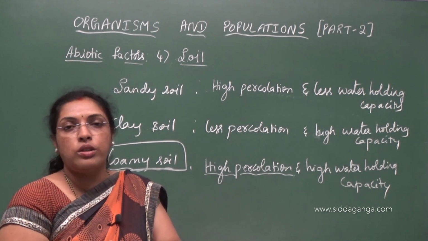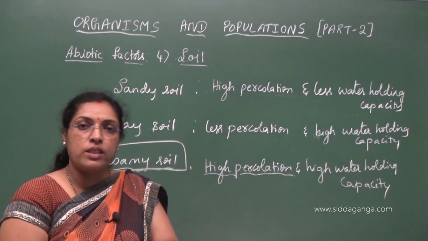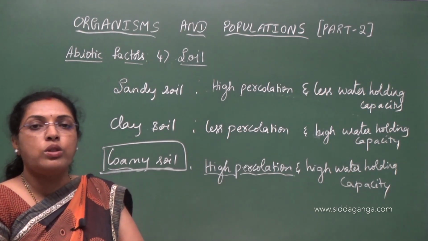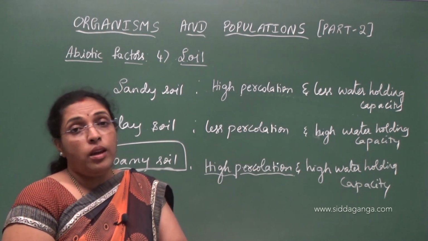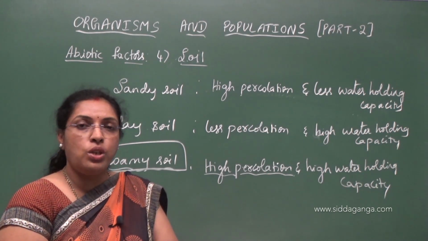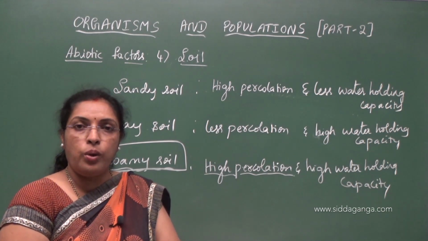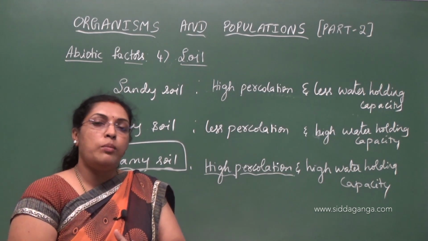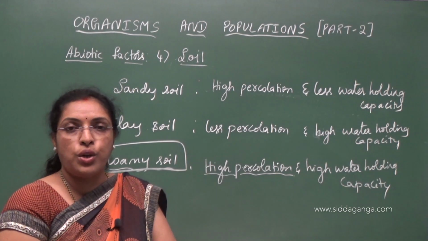Then coming to the water, water is a very important source, and life first existed in water only. Without water, life cannot exist on this earth. Based on the salt concentration, organisms are classified into stenohaline and euryhaline. Euryhaline means the organisms can tolerate and live in a wide range of salinity.